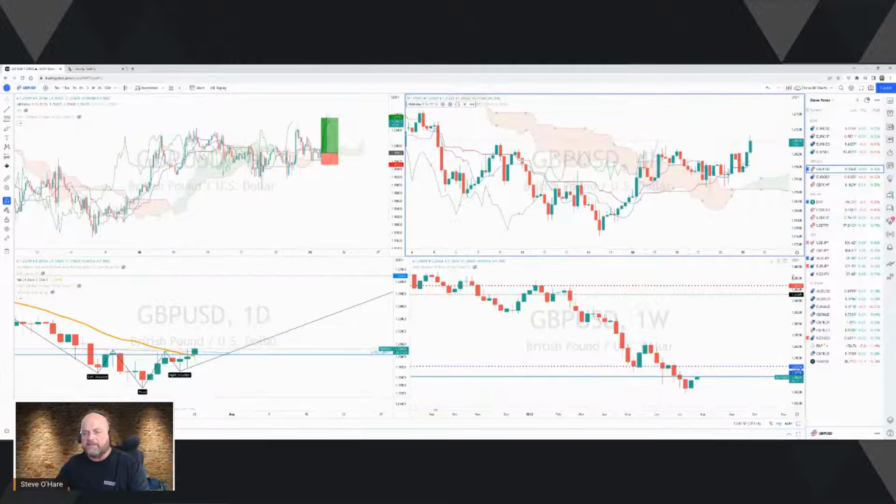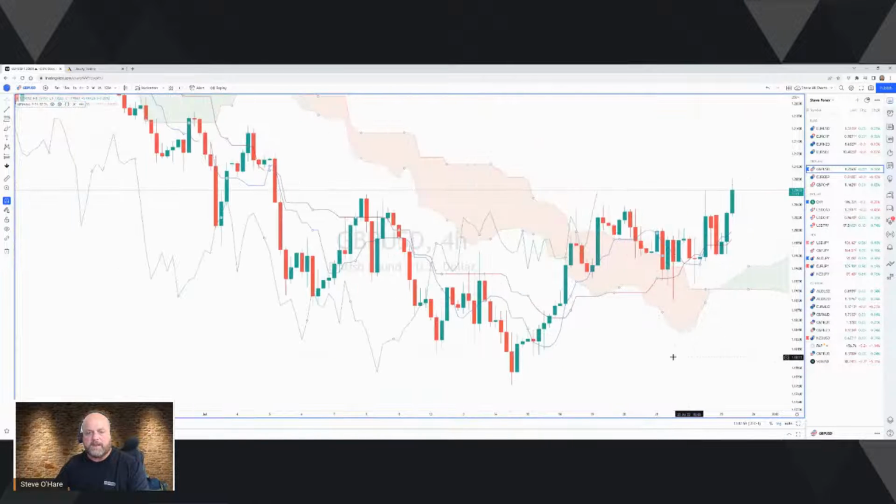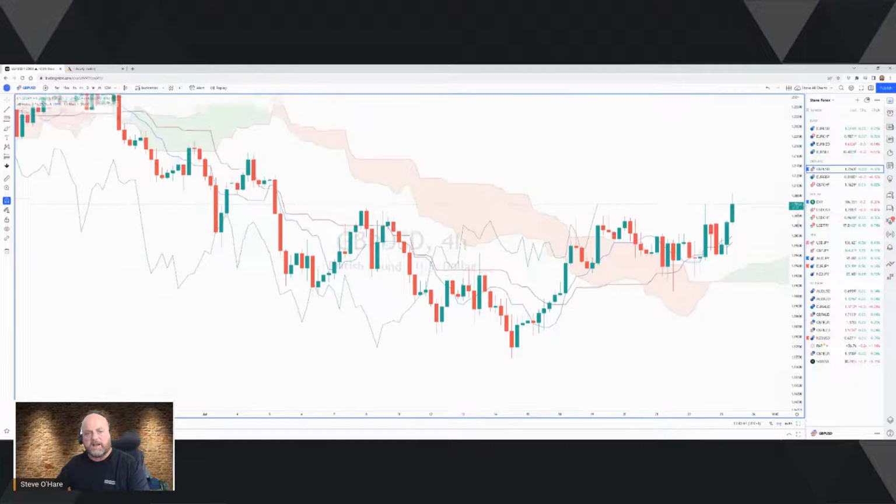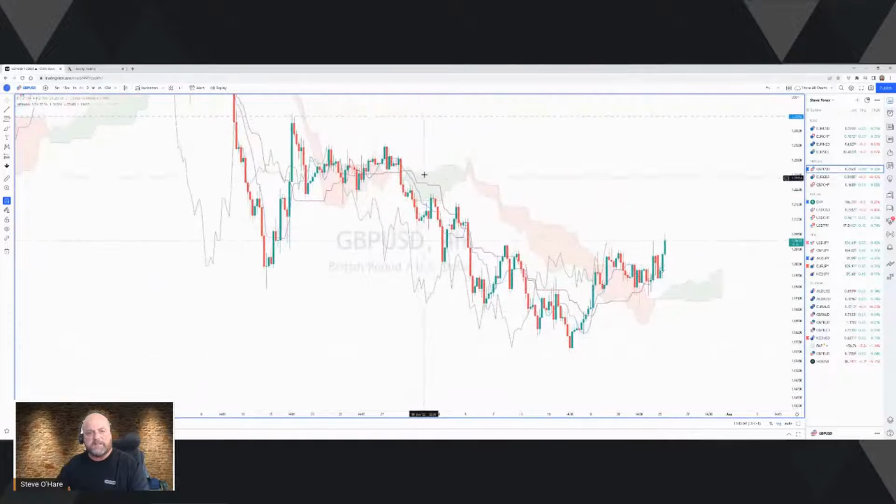Now let's take a look at the 4-hour chart and see where we're getting here. We've got the Ichimoku cloud on the 4-hour chart, obviously been in a downtrend since really 28th of June. So over a month now, or just coming up to a month, and price action broke back through this after we posted this 117.60 low, reacted higher, got up to just above the 120 level, corrected lower and found support at the cloud now, and now projecting higher.